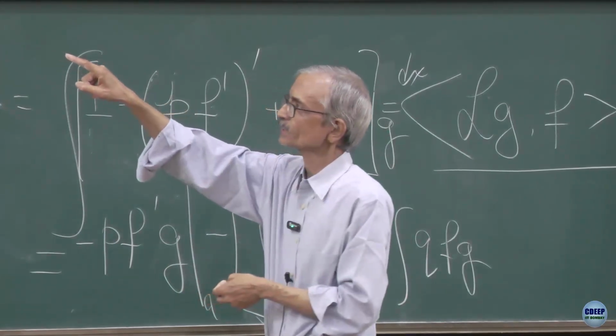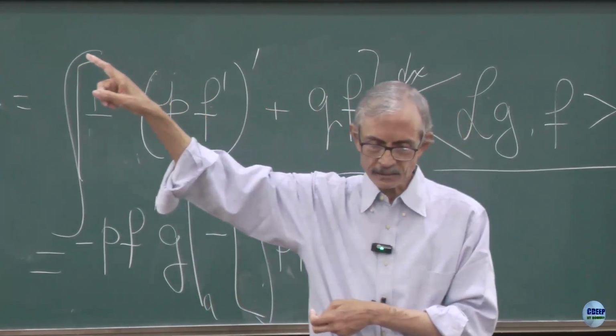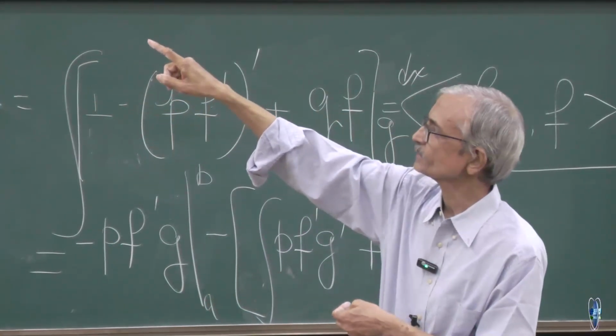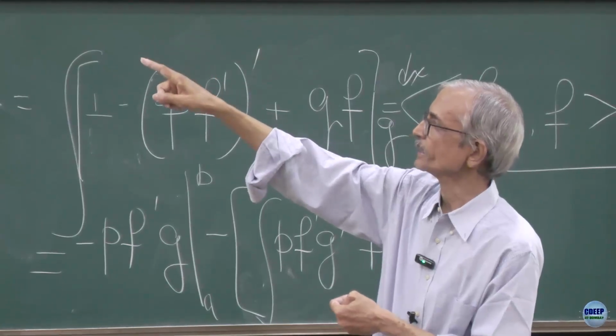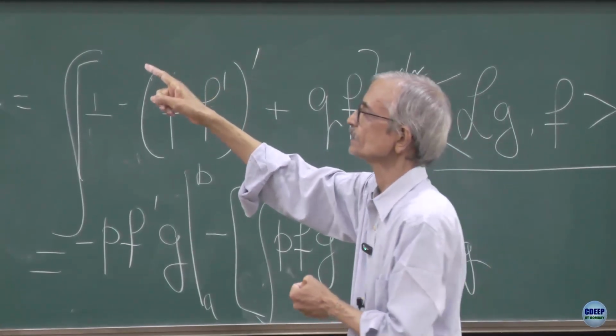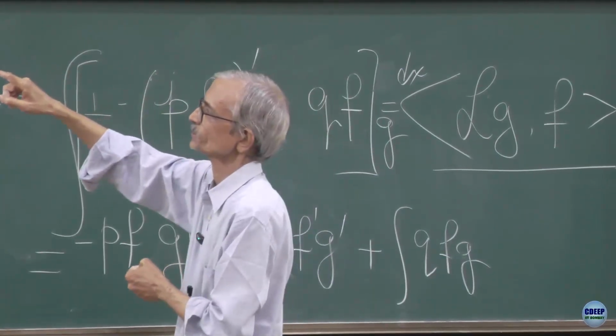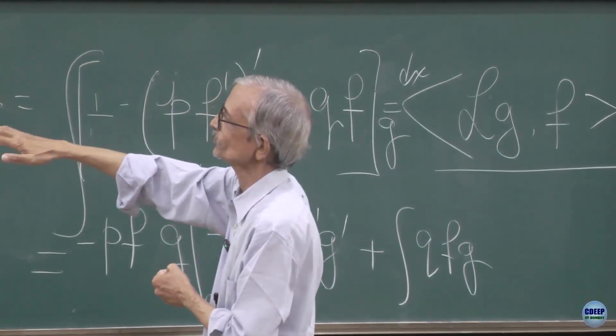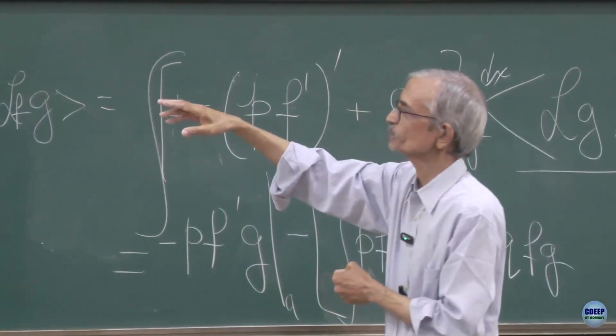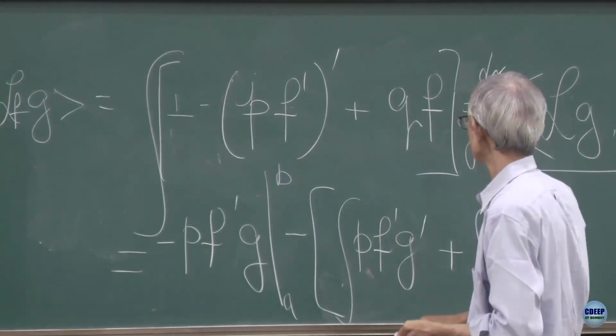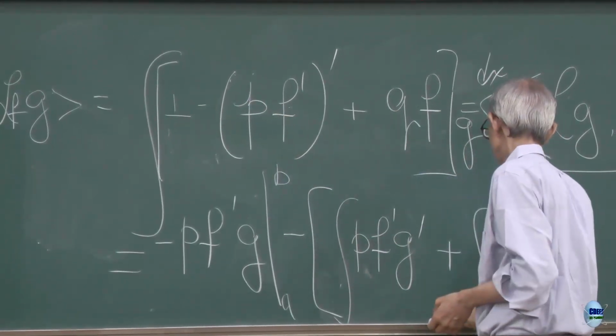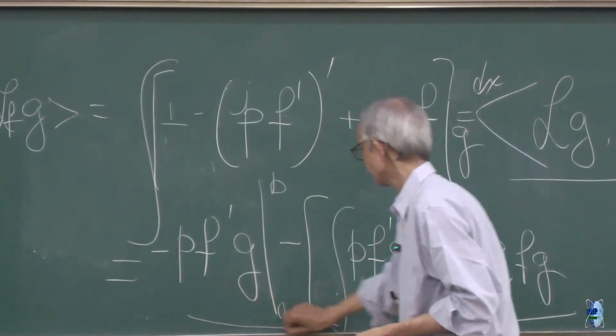So what we are saying is I've got a linear operator which is L operating on F comma G, that's the inner product of these two, and I'm just doing brute force algebra. When I'm doing brute force algebra, one of the terms is this term here, and I have got two other terms here.